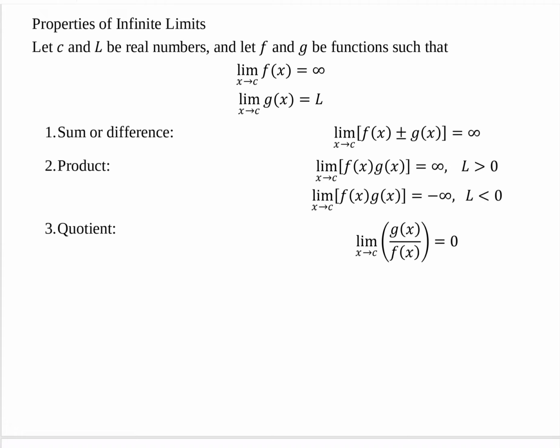Product: limit as x approaches C. I have one function that took off to infinity, one function that was something, we're going to be at an infinite limit there, as long as the limit that I knew was greater than 0. But it will be negative infinity if the limit that I knew was less than 0. So if this guy here is positive, then I'll wind up at positive infinity. If it's negative, I'll wind up at negative infinity.